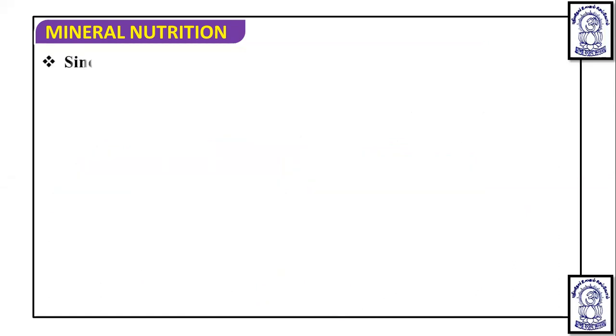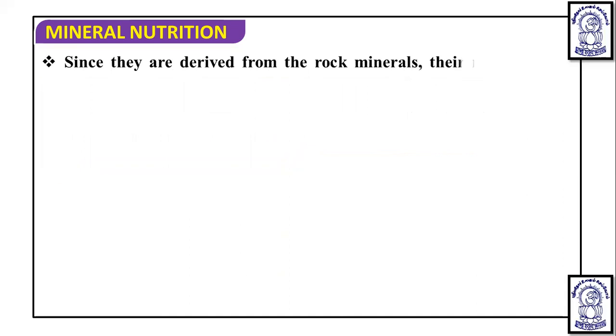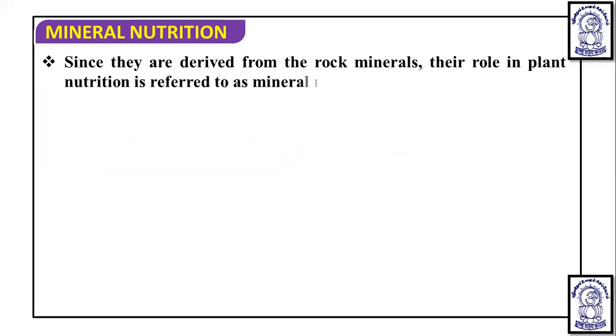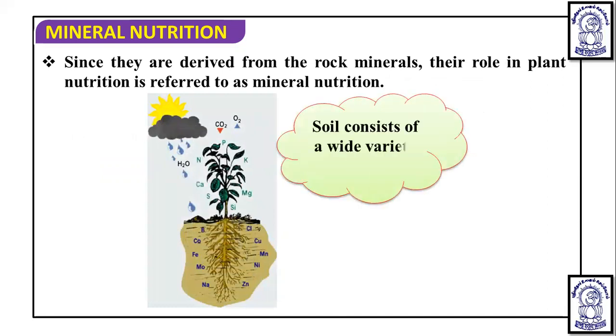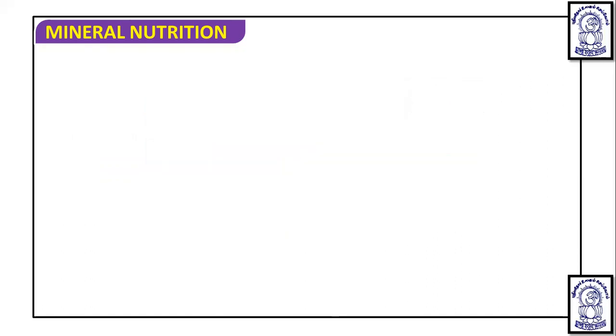Now, since they are derived from rock minerals, their role in plant nutrition is referred to as mineral nutrition. Why? Because they are derived from the rock minerals. Now, soil consists of a wide variety of substances, and the soil plays several roles as well.